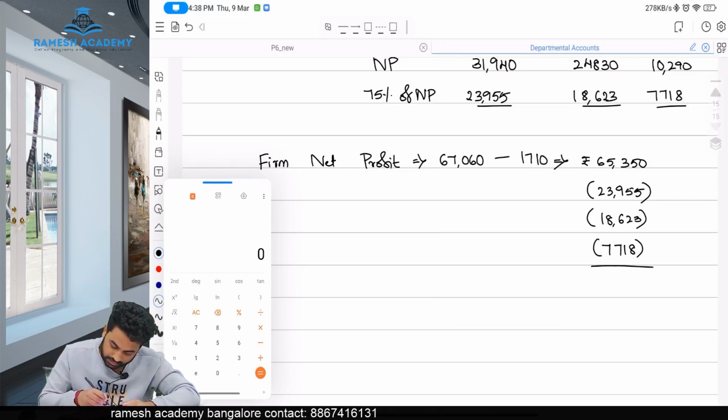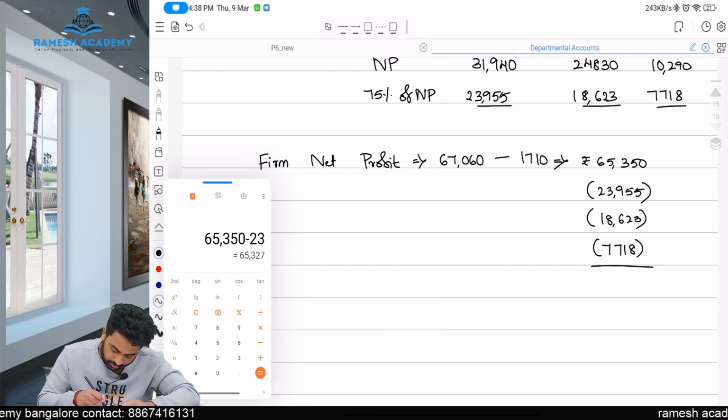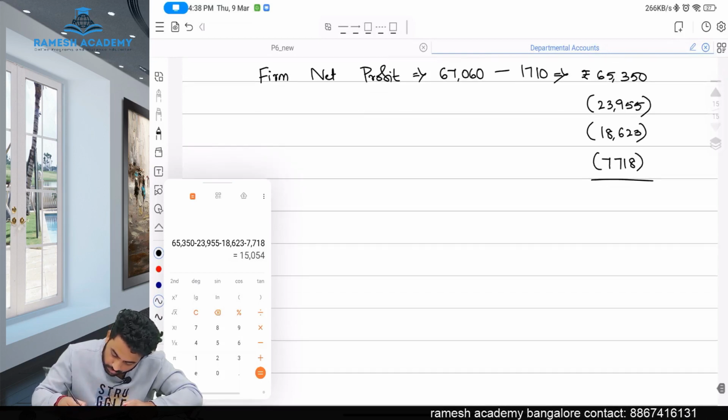So basically 65,350 minus 23,955 minus 18,623 minus 7,718 comes to 15,054.